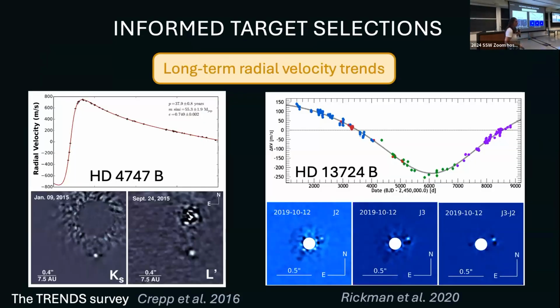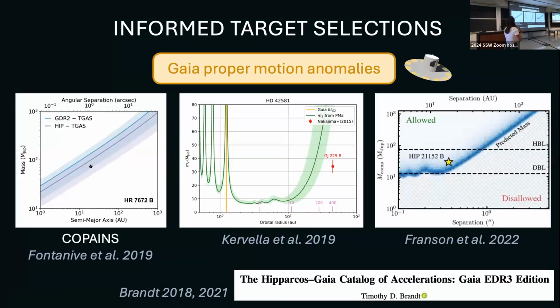People have been doing this. They've been looking at stars with really long-term radial velocity trends, which is an indication that there's a companion far out. If it's far out and massive enough, maybe we have a chance to image it. A couple of mostly brown dwarf detections have been discovered this way. And then in parallel to this, mostly in the last couple of years, there's been growing attention given to these proper motion anomalies.